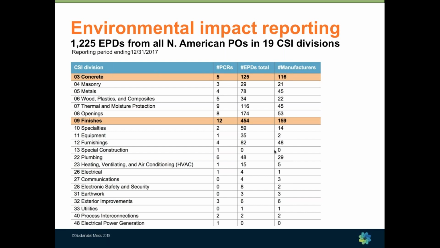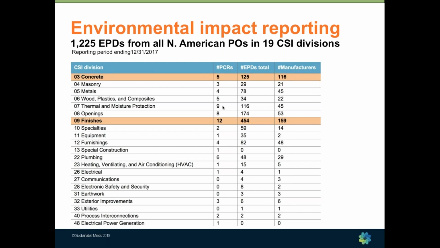That's a separate webinar. But at the end of 2017, what we learned was that in total, there were 1,225 EPDs from all those North American program operators across 19 CSI divisions. And what's important when you look at this table is one, to say, wow, that's a lot of EPDs given the complexity and challenges for creating EPDs.